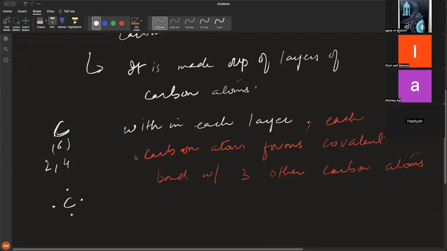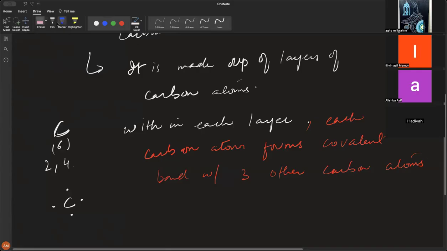So if you look at diamond, we saw that each electron in the carbon atom was involved in bonding, so each carbon atom is attached covalently. But in graphite, we see something else.